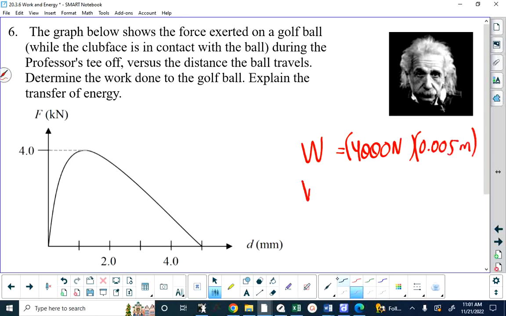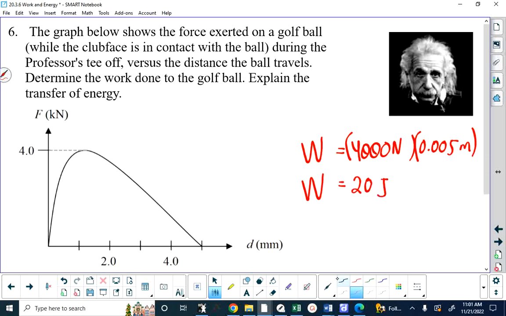If I multiply those, what do I get? Can you do me a favor and multiply those and see if you get 4? 2. Or is it 20? Okay, 20. And this would be joules.